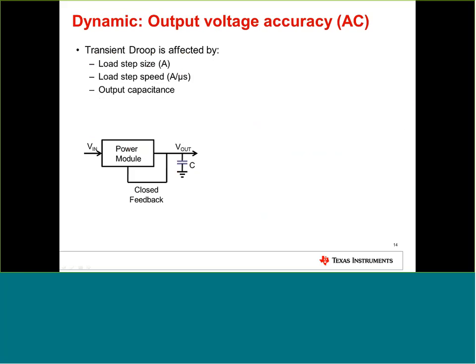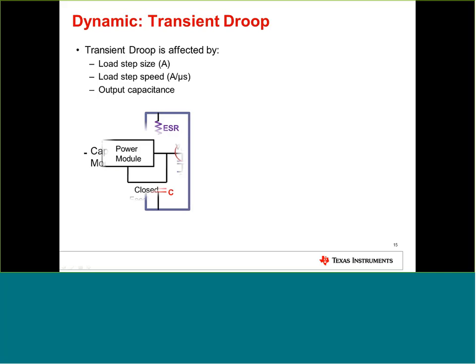On the next slide, we will have a more detailed look at the transient behavior. Again, it's affected by the load step size, the speed, so the slope, and the output capacitance. If you have a detailed look here at a power supply, we have the output capacitor, and the output capacitor consists mainly, of course, of the capacitance.